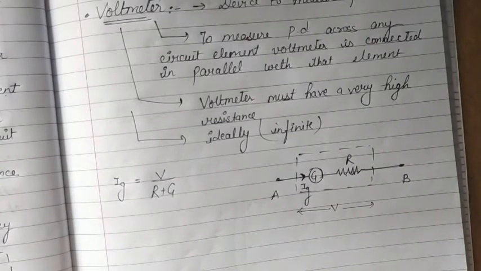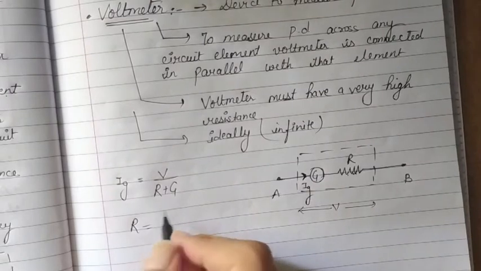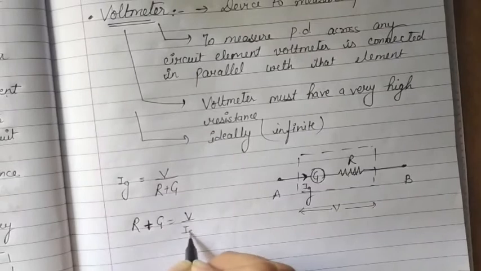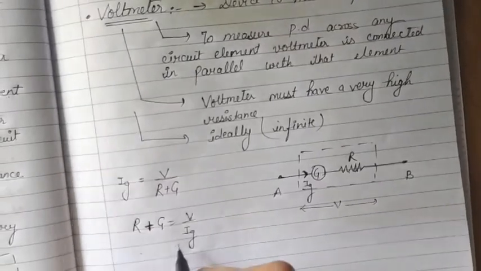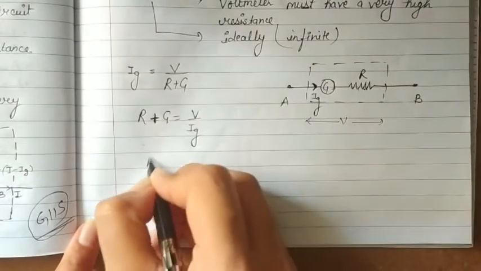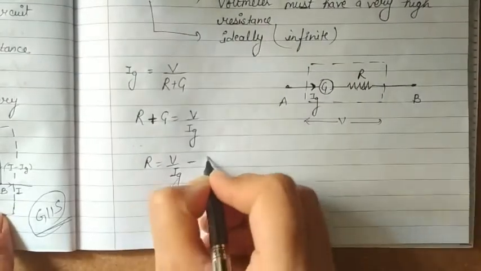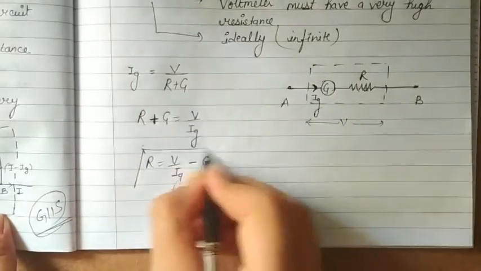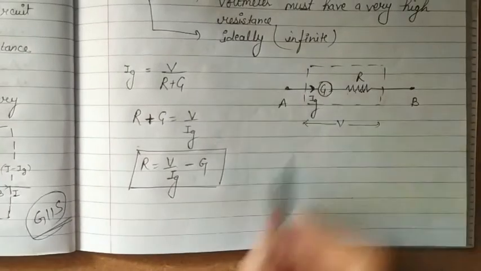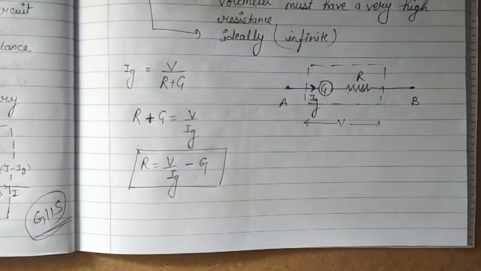If we rearrange it, in two steps: R plus G is equal to V upon Ig, and then R is equal to V upon Ig minus G. This is the resistance capital R that we are going to use in series with a galvanometer to form a high resistance voltmeter.